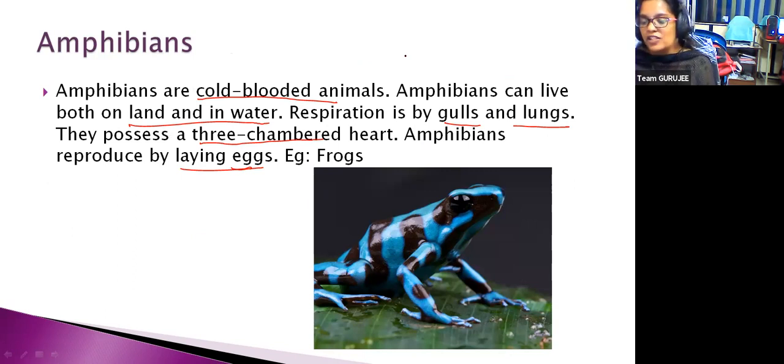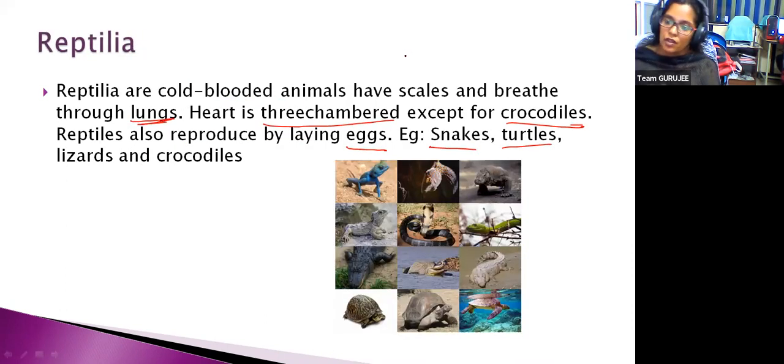Their respiration is by lungs and gills. The heart is three-chambered. Reptiles also have a three-chambered heart. They reproduce by laying eggs. Reptiles, example, snake, turtles, lizard, crocodiles.